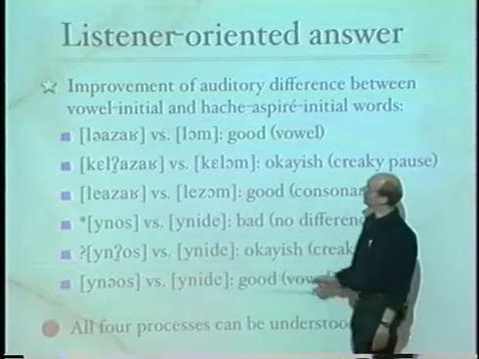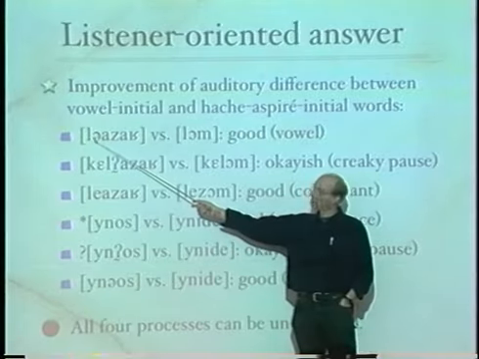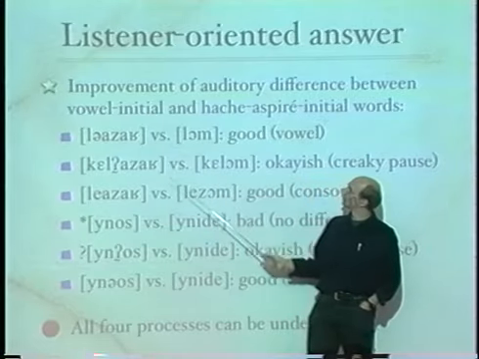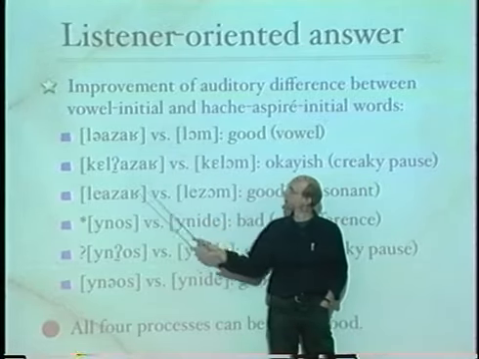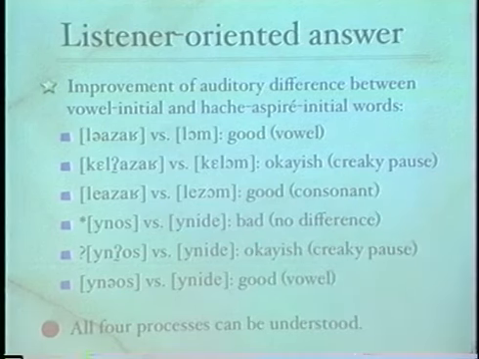And how is this achieved? Well, in the hasard versus homme case, in the le case, it's achieved very well. You say le hasard versus l'homme. So there's a very good difference between the two. This one has the schwa, and this one hasn't. So it's a good difference, right? A vowel constitutes a difference between the two, right?